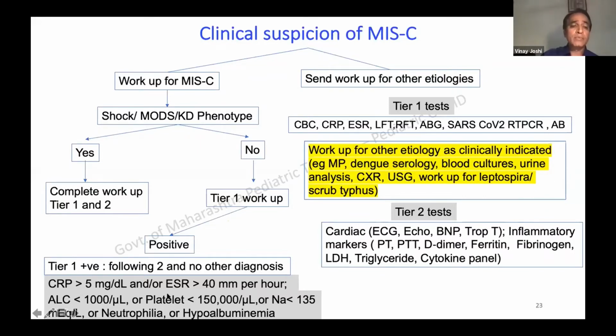If you have two of these criteria present, then we say the tier 1 workup is positive, and these children should be subjected to even tier 2 workup.